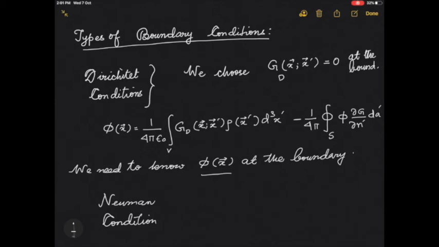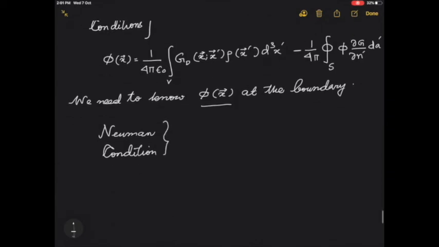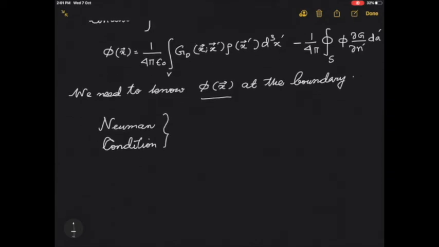The second type is called the Neumann condition, where we make a little more complicated choice for the boundary condition on G, and I call it G_N.